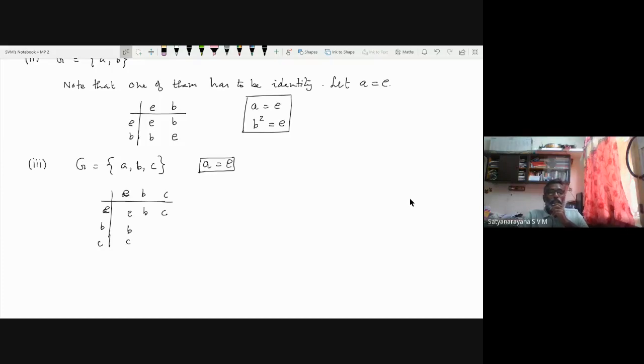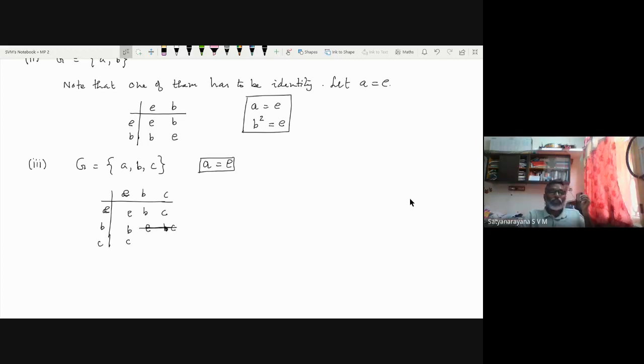Now B into B can be E or B into B can be C. Correct? Suppose B into B cannot be B. So one possibility is that it can be E. Then B into C has to be C. If B into C has to be C, that means what? B is identity, but B is not identity, so we cannot have this one.